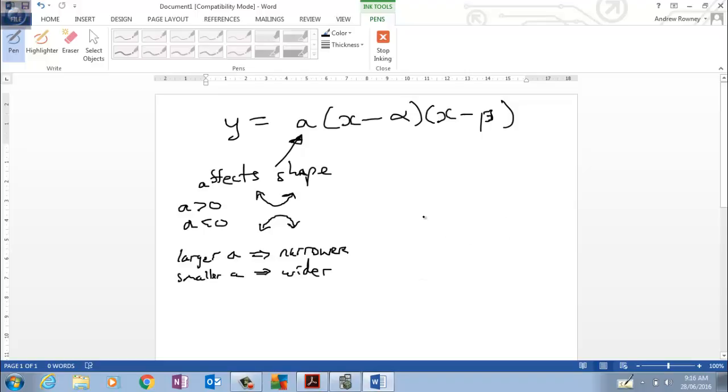Okay, these values here give the x-intercepts. So we'll just write in here x-intercepts. In our example it was 1 and 3.